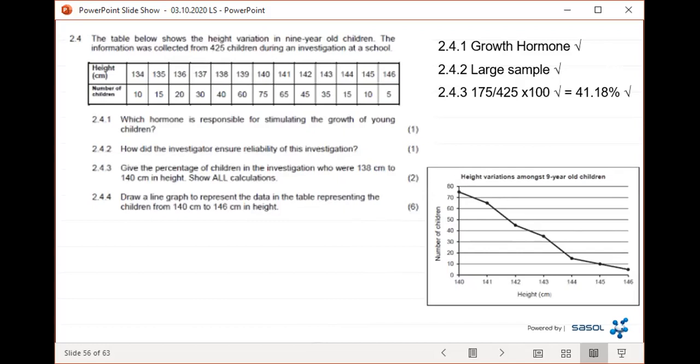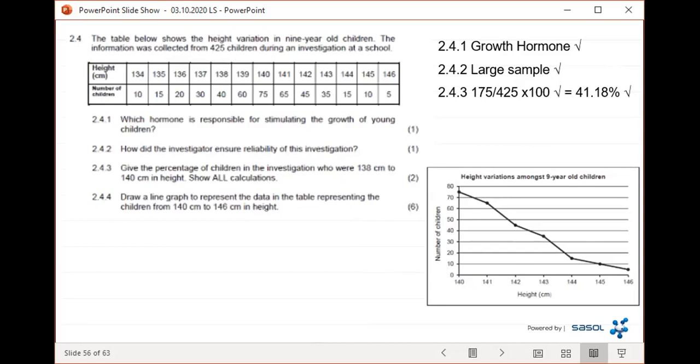Very important, guys. When you draw graphs, when you draw diagrams, or anything that you are drawing in life science, always put a caption of what you are doing. And your caption should always include the dependent as well as the independent variable. Then remember we said 2 marks are allocated to the plots on the graph. The 1 mark is allocated for the caption. Then the other mark is allocated for the correct labeling of the x-axis. The other mark is allocated for the correct labeling of the y-axis.